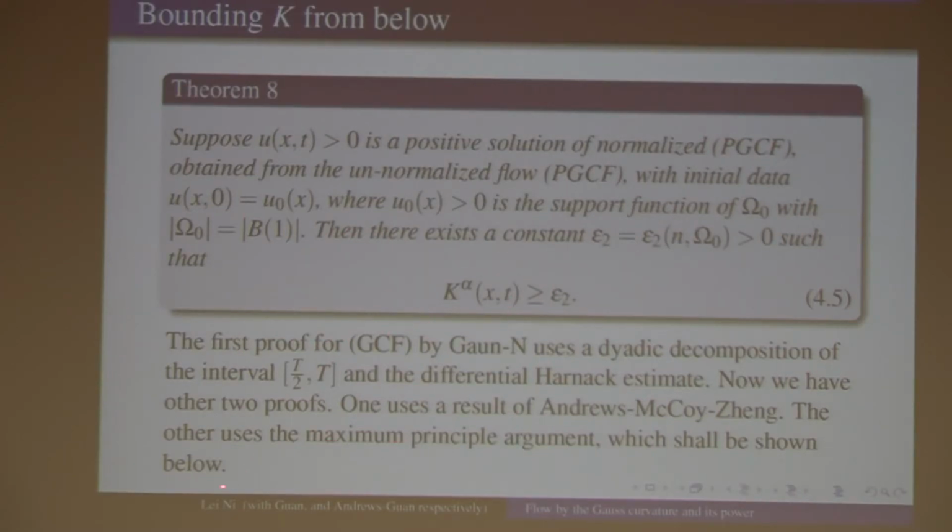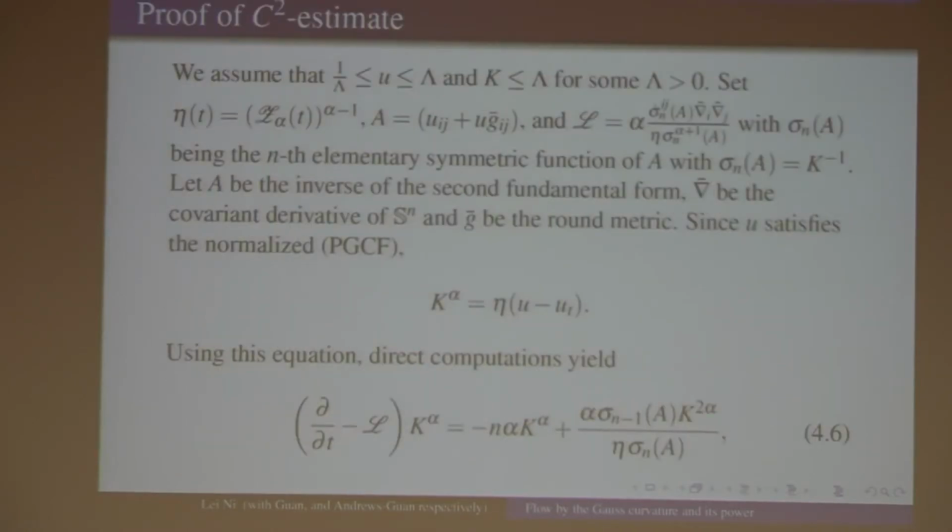We also have 3 proofs now. The first one is a tricky argument using some sort of dyadic decompositions, right? You chop the intervals into many smaller and smaller intervals and do the argument there using differential Harnack estimates. But now there are also estimates using the maximum principle.